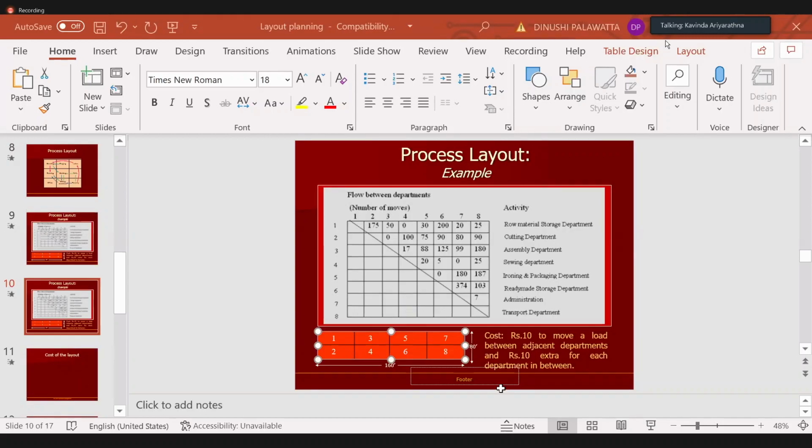Then 5 to 6, 0. 5 to 7, 180. 5 to 8, 187. Then 6 to 7, 374. 6 to 8, 103. Then 7 to 8, 7 only.